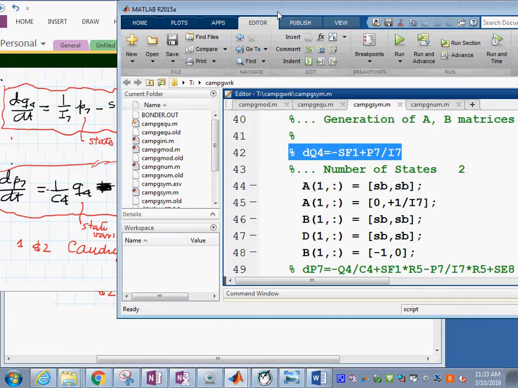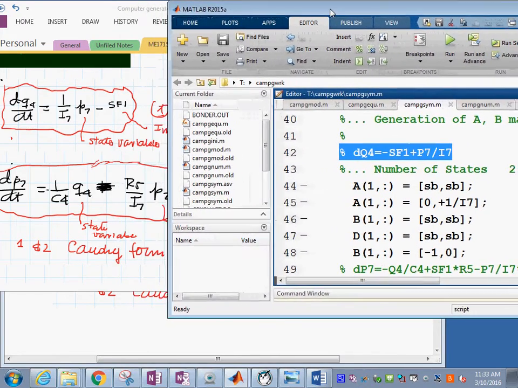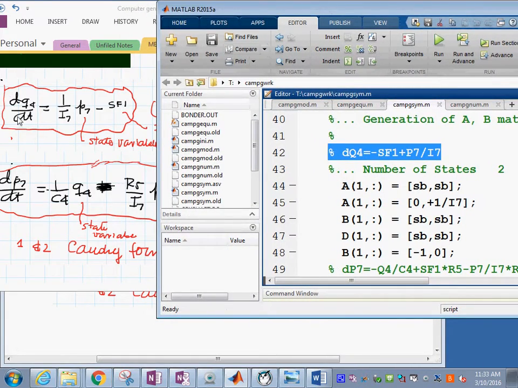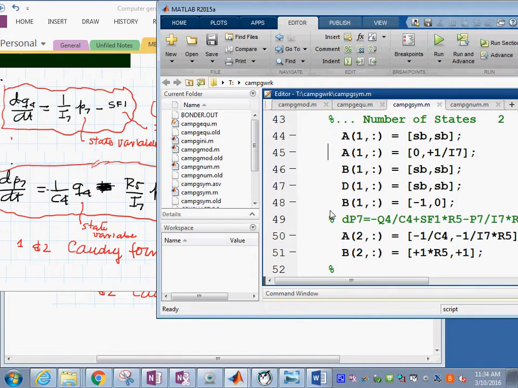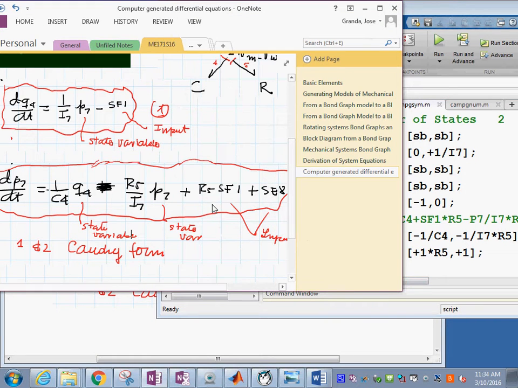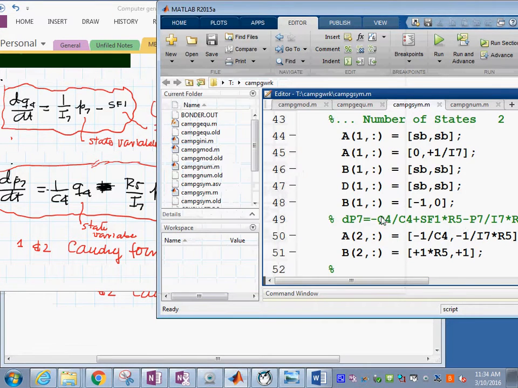The little minus is a little guy here. And then it says SF1R5. SF1R5 is here. And then it has minus P7 over I7 times R5. That's this term. And it has mass plus SE8 right there.